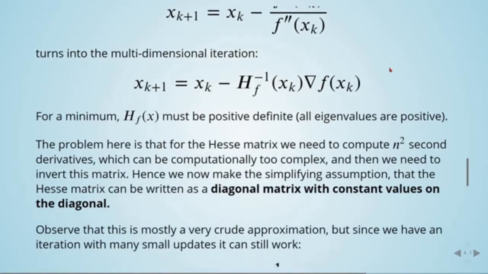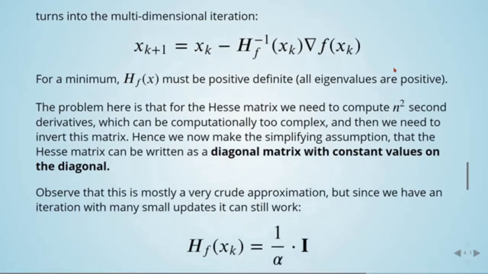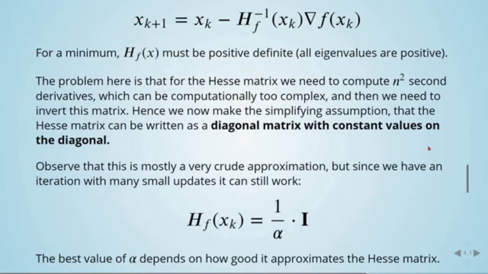So what we can do is to make a simplifying assumption that the Hesse matrix can be written as a diagonal matrix with constant values on the diagonal. Observe that this is mostly a very, very crude approximation, but since we have an iteration with many small updates, it can still work.